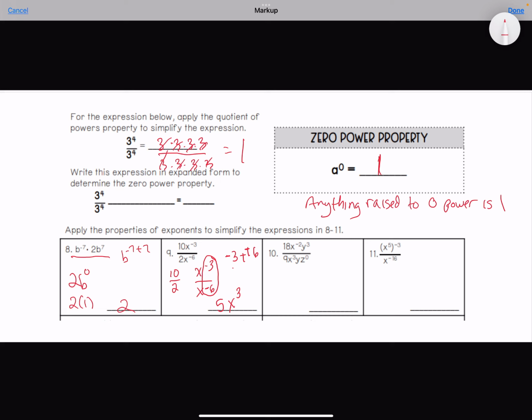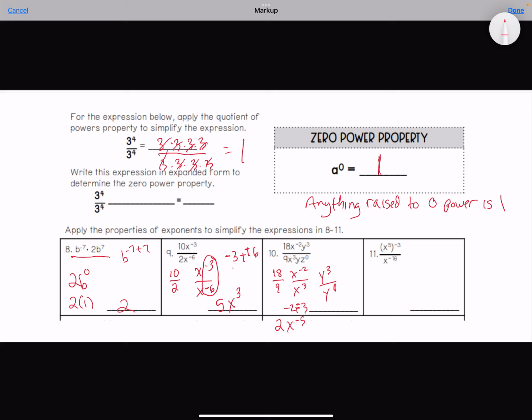Okay? So for number 10, we've got 18 over 9, x to the negative 2nd power over x to the 3rd, y to the 3rd over y, and then they're trying to trick you because that z to the 0 power is 1. So I'm going to have 2, negative 2 minus 3, keep, change, opposite, is x to the negative 5th. If there's not an exponent, put 1.